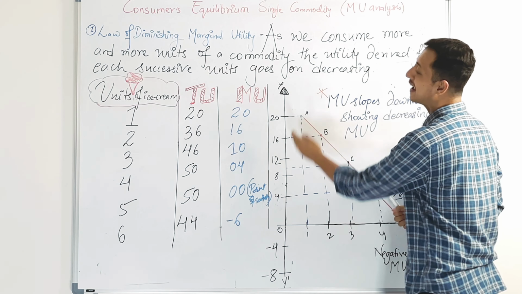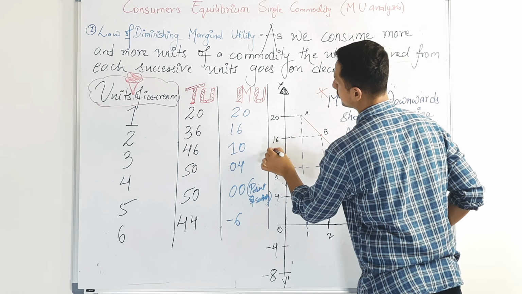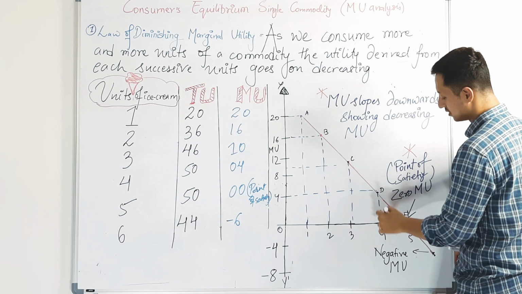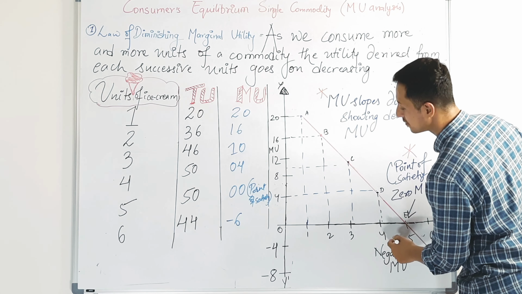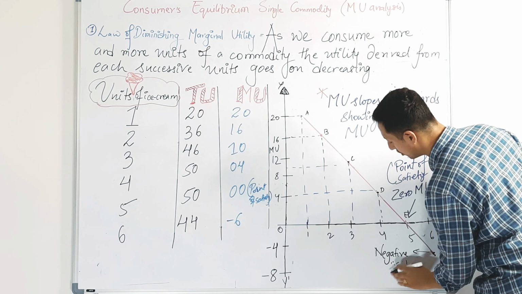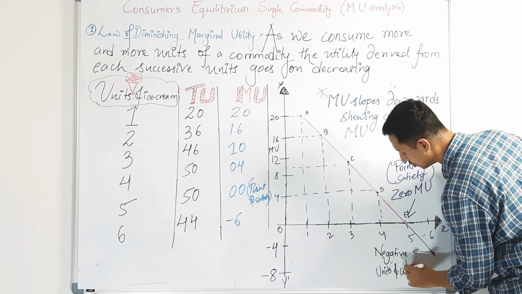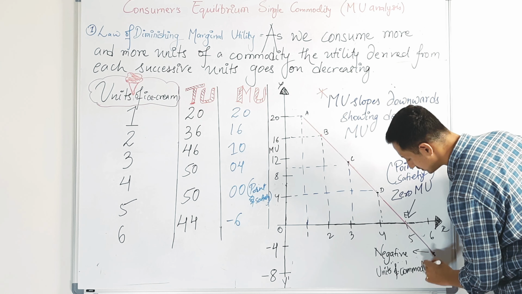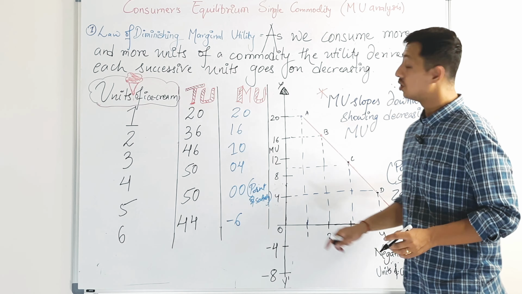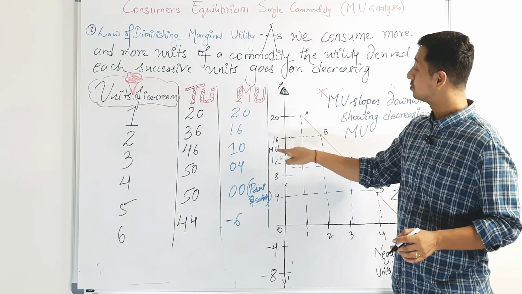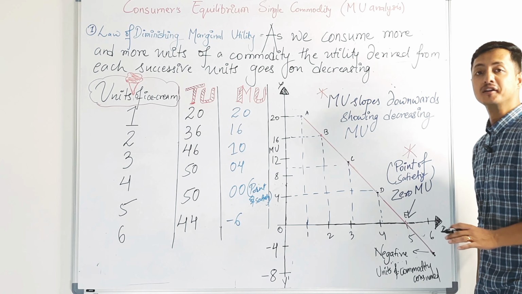The y-axis is taken as marginal utility and the x-axis is taken as units of commodity consumed.